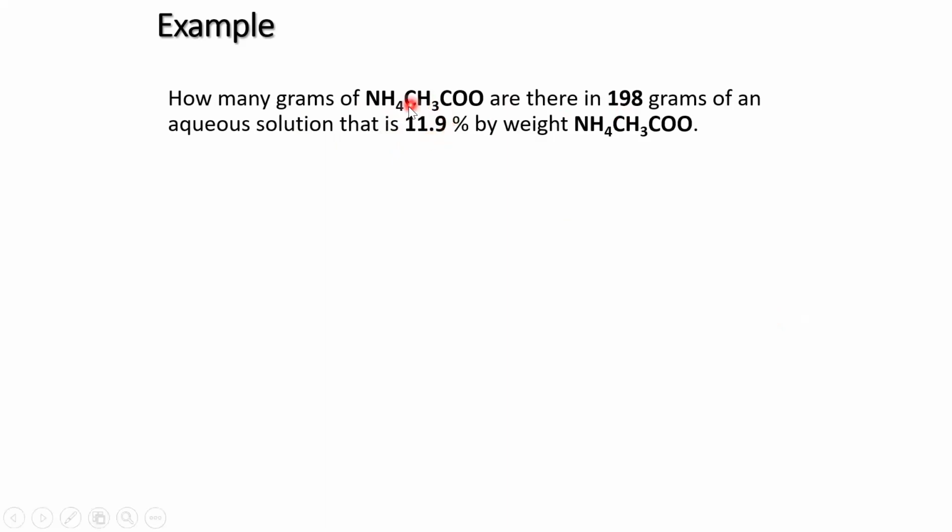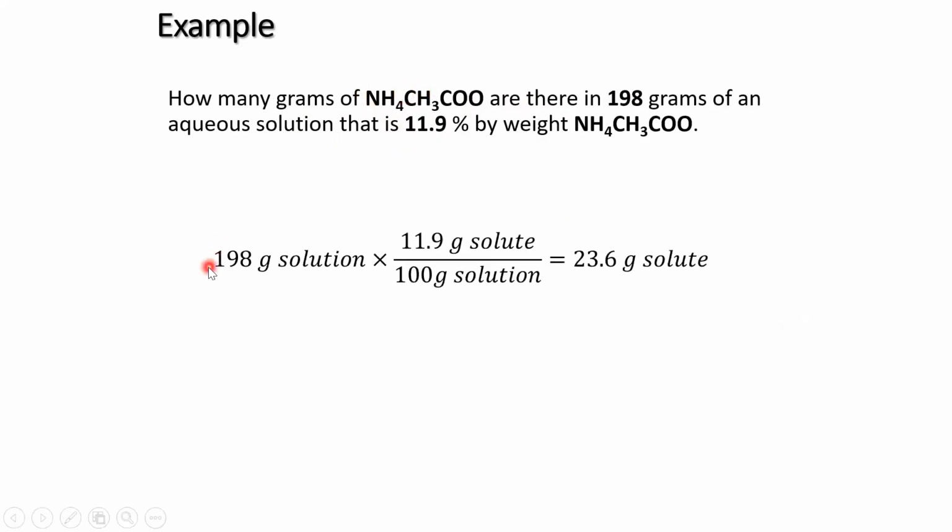So this time we know the percent, we know the solution, we want to figure out the solute. It's the same kind of problem, just a different variable. So we've got 198 grams of solution, and the percent tells us it's 11.9 grams in 100 grams of solution.